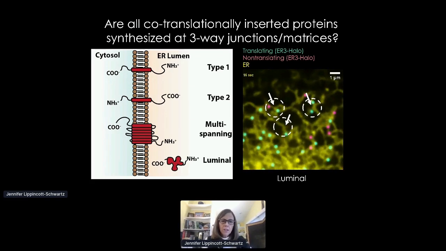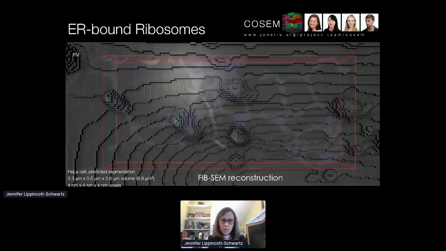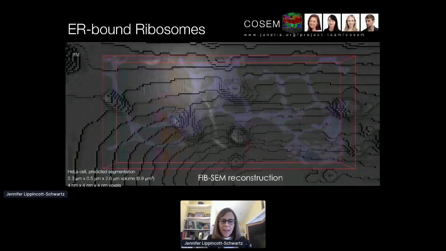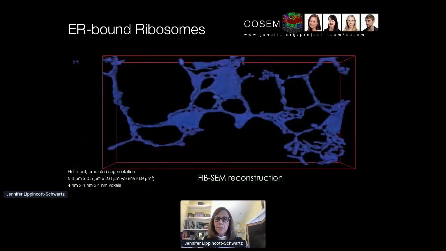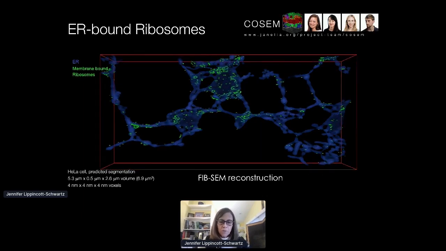So basically, all these different types of proteins that are being synthesized on the surface of the ER are being made primarily at these three-way junctions. That then led us to head down the hallway to Aubrey's team and ask whether we could actually take a look at ribosomes on the surface of the ER.